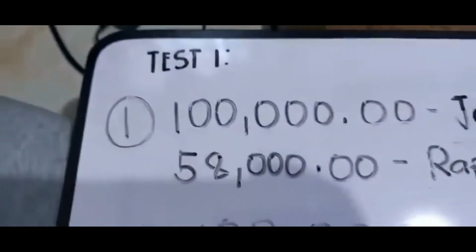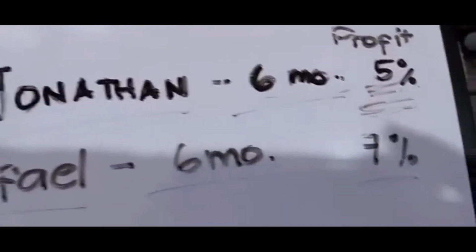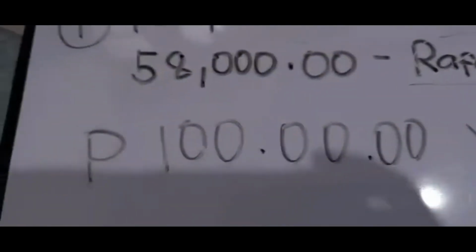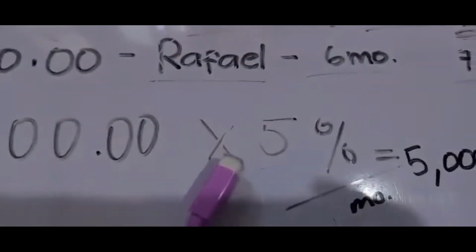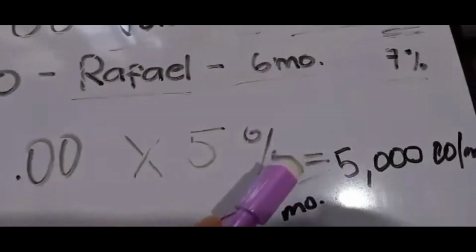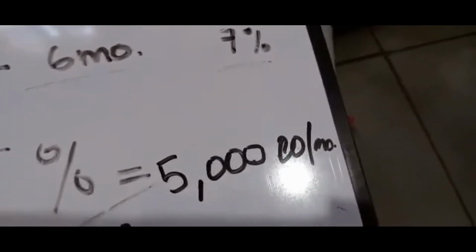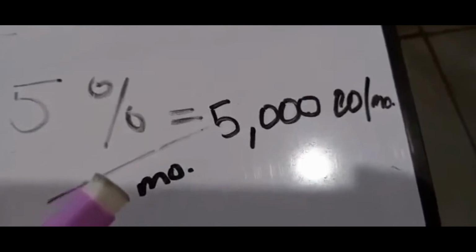Hello everyone, for test number 1, we have 100 thousand pesos for Jonathan for 6 months. The rate will be 5%. 58 thousand pesos for Raphael for 6 months at 7%. Then 100 thousand pesos, we need to multiply it by 5%, divided by months.